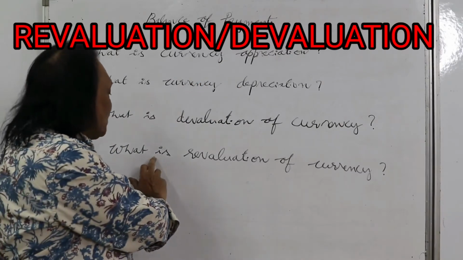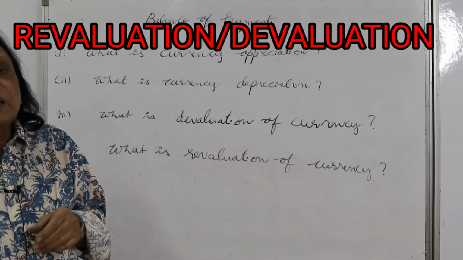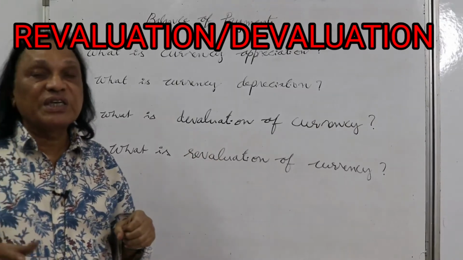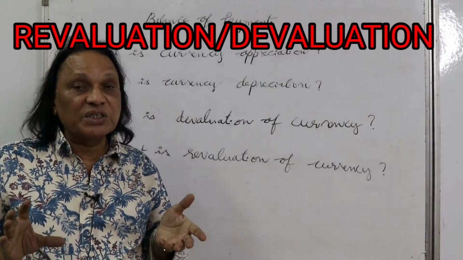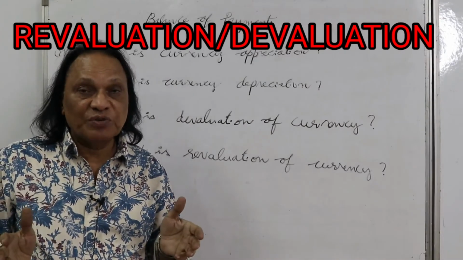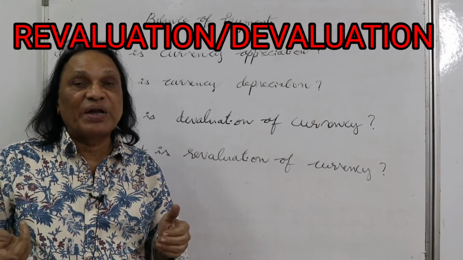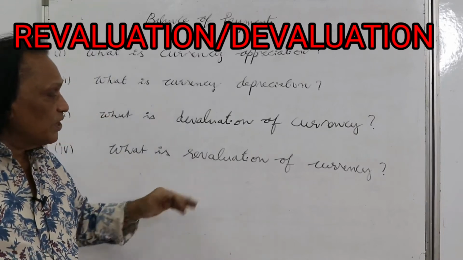Let's see, the first one is what is revaluation of our currency, domestic currency. Now, why do we call it revaluation and devaluation? Under fixed exchange rate system, you remember the foreign exchange rate is not determined in the market by the forces of demand and supply of foreign exchange. It is fixed by the central bank or the monetary authority. Now, what is a revaluation?